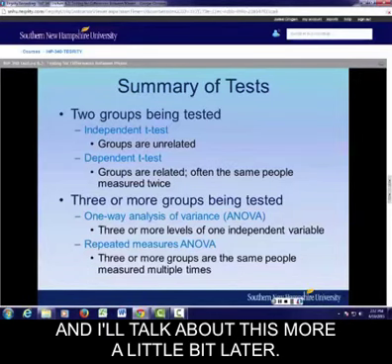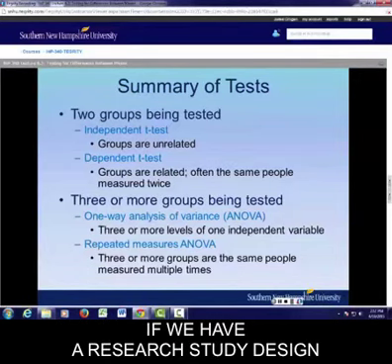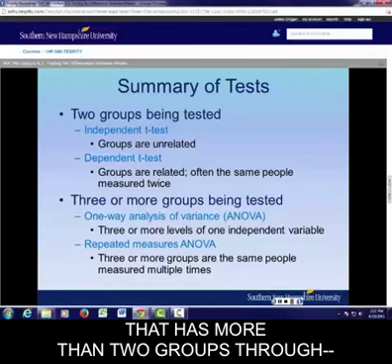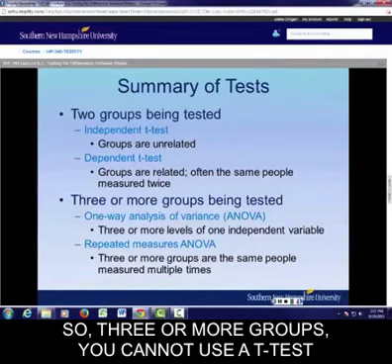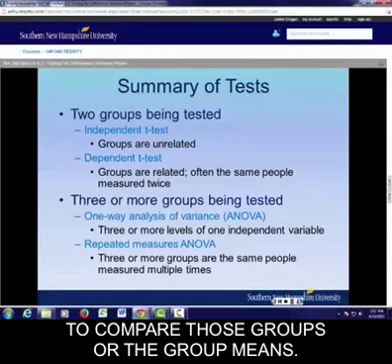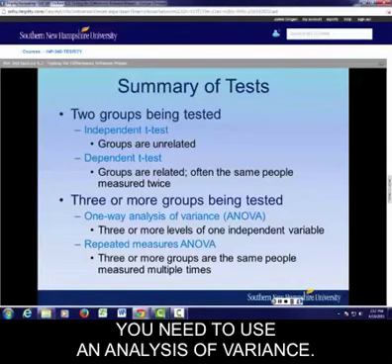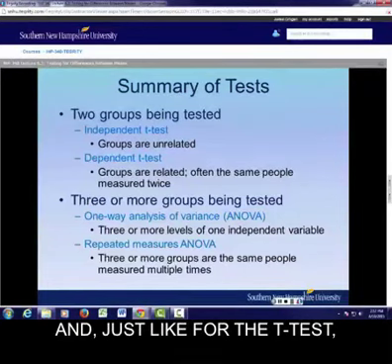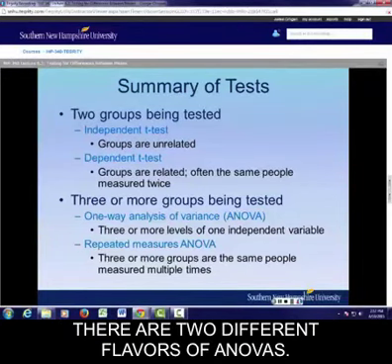If you have a research study design that has more than two groups, so 3 or more groups, you cannot use a t-test to compare those groups or the group means. You need to use an analysis of variance. And just like for the t-test, there are two different flavors of ANOVAs.